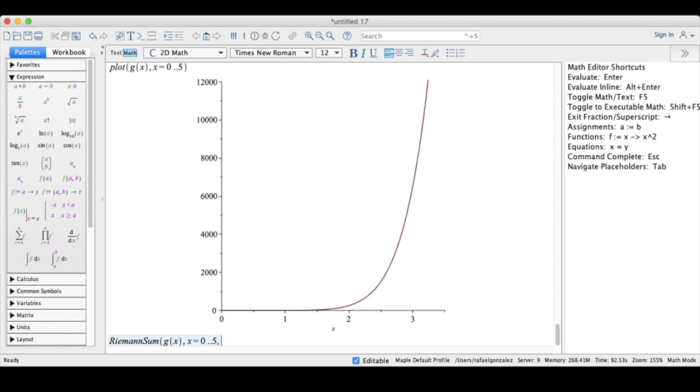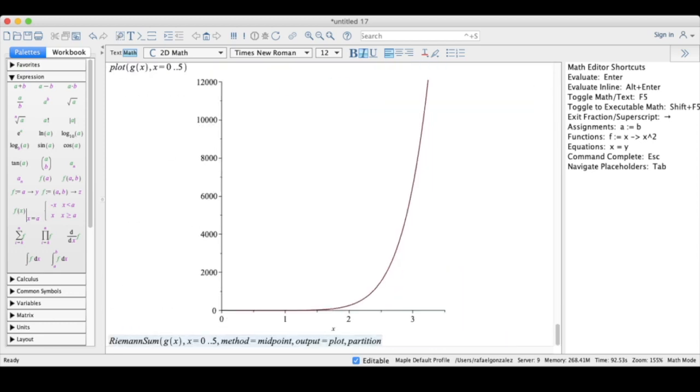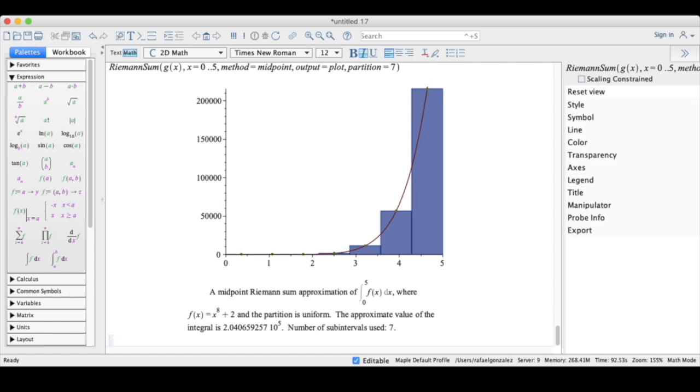And now let's go with the midpoint method, and the output equals plot. And then the number of partitions that we said was 7. So 7 partitions. And this is how it looks like with 7 partitions.